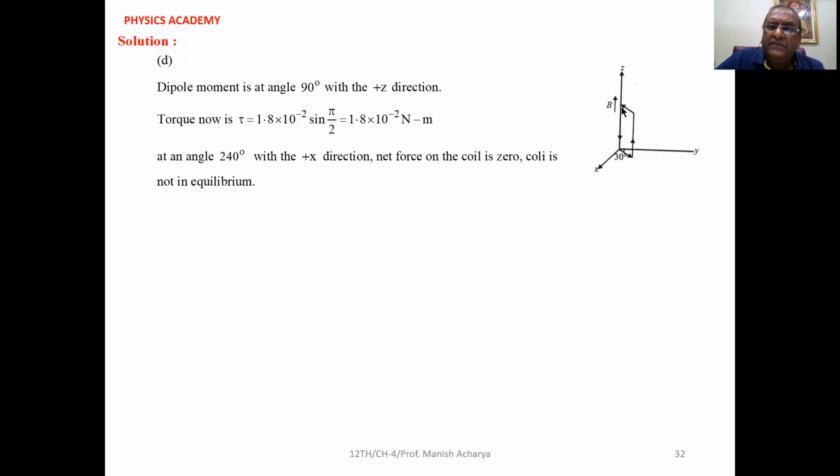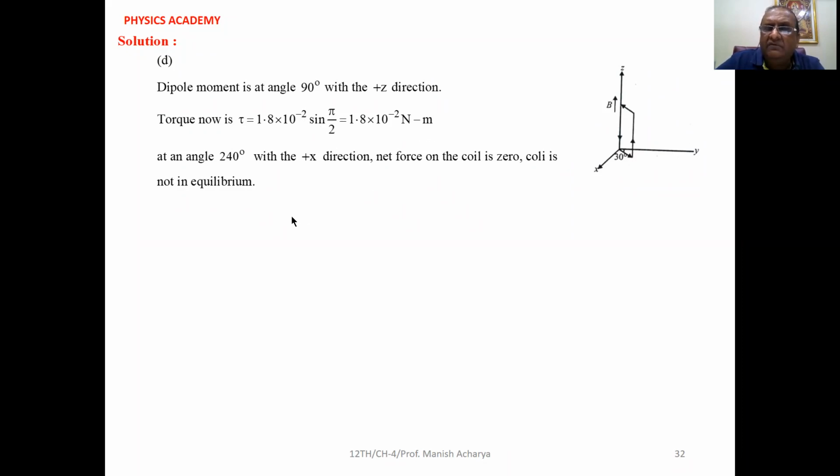So when the magnetic moment is perpendicular to the z-axis, it means it is perpendicular to B, and your torque is mB sine theta. The value of mB is 1.8 into 10 raised to minus 2, sine theta, that is sine pi by 2, that is your torque.